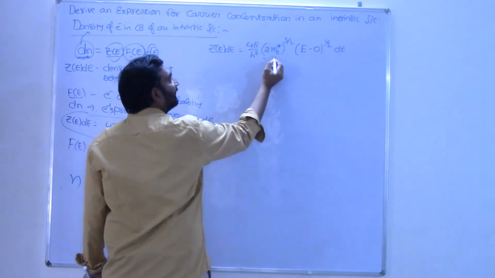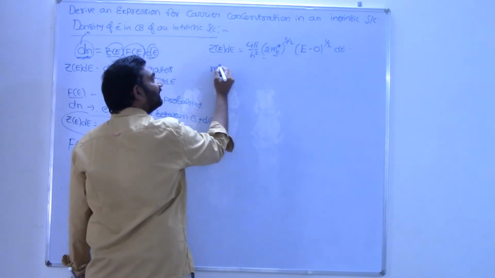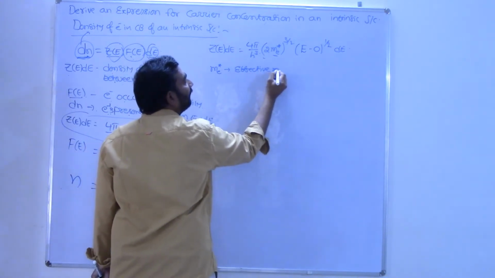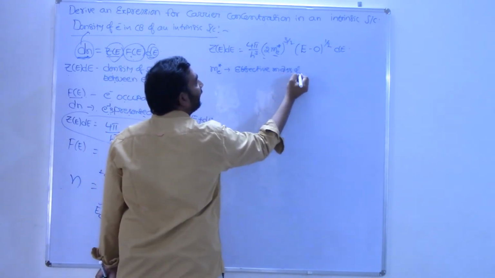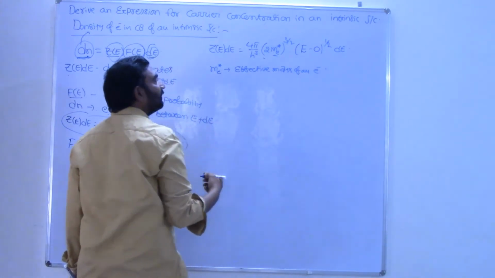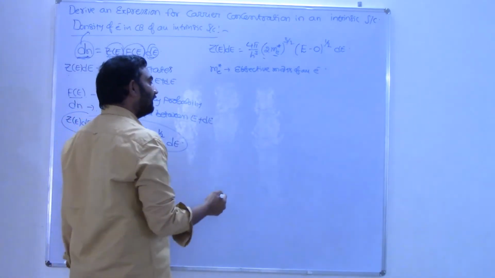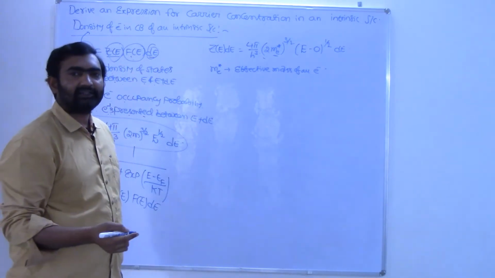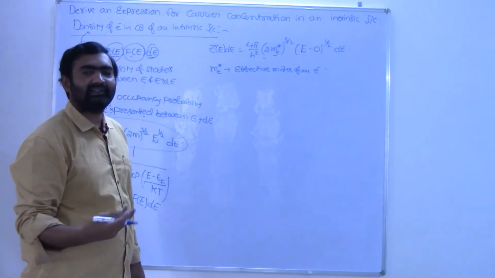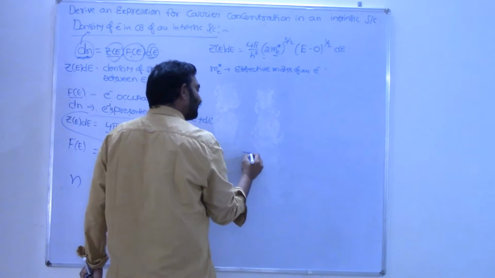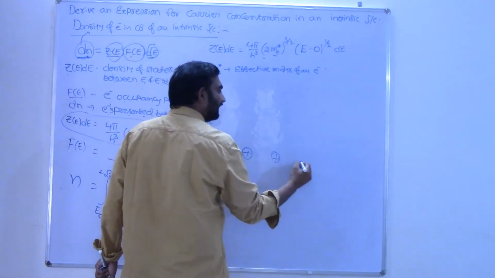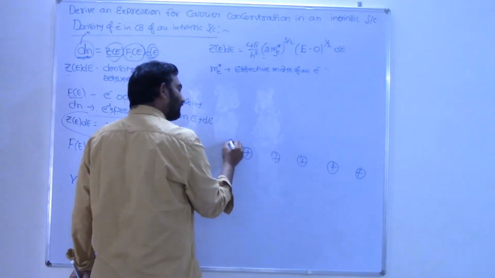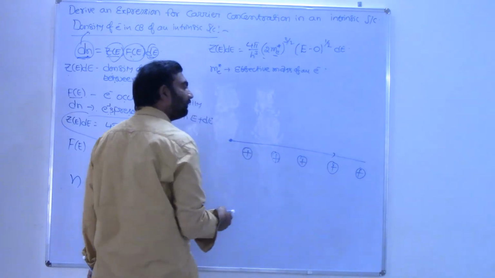You may ask, what is m star? Here m star is called the effective mass of an electron. What is the effective mass of an electron? If you go to the crystal, this is a semiconductor, right? Germanium is a crystal, silicon is also a crystal. In the crystal, there are continuous positive ions. An electron has to travel through these positive ions.